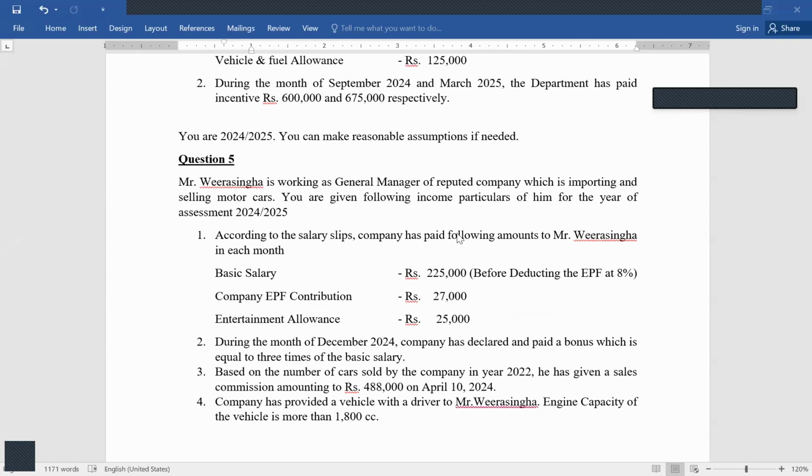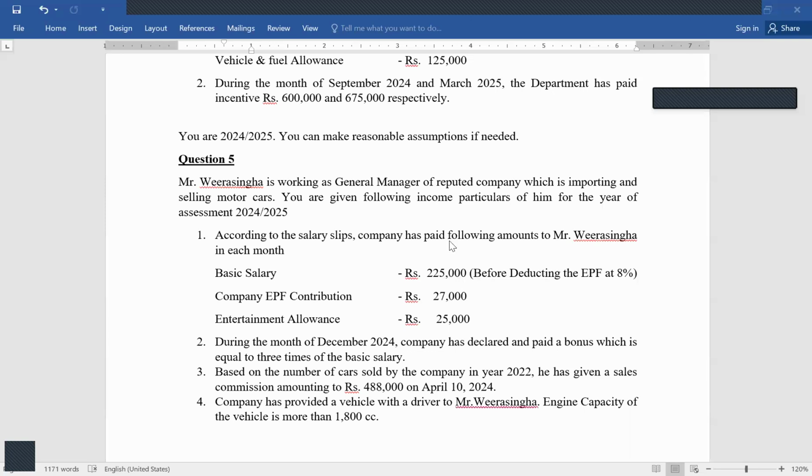That means this is the gross amount. So it is not necessary to divide this 225 amount by 92 and multiply by 100 because this is already given. The gross amount is already given. It is therefore not necessary to recalculate the gross amount.